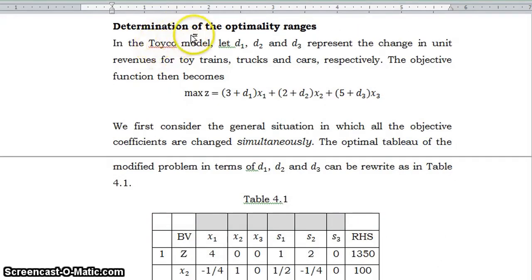Now, let's determine the optimality range for every revenue. In the TOYCO model, let d1, d2, and d3 represent the change in unit revenues for toy trains, trucks, and cars, respectively.